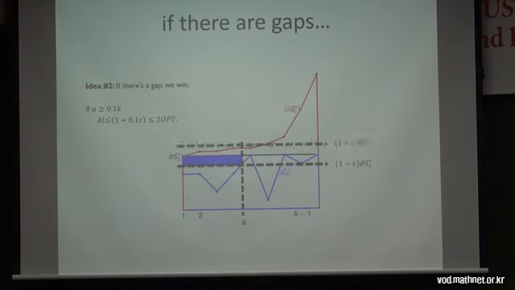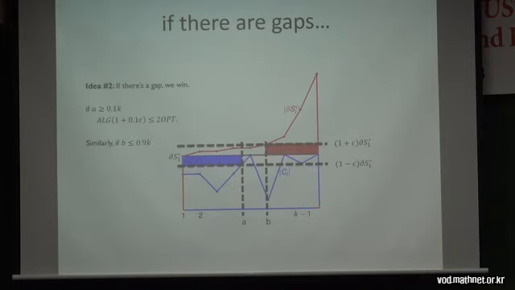We do the same thing here. Let B be the first index such that partial Si star is greater than 1 plus epsilon times partial S1 star. If B is far from K, then the area of the red rectangle is non-trivial, and this certifies that there's a gap between the red curve and the blue curve.